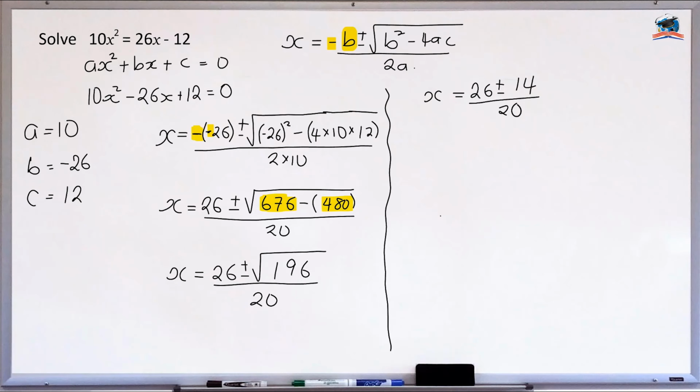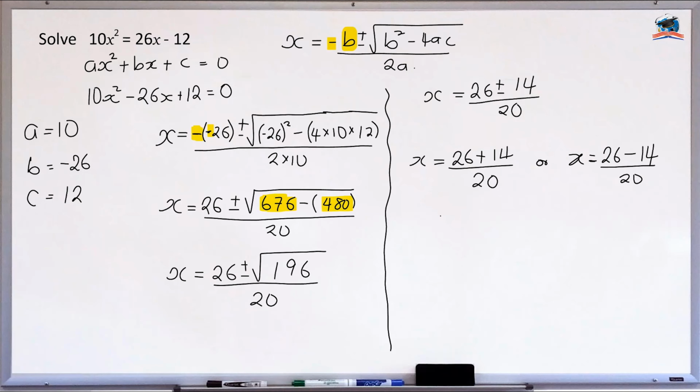Good. Now we need to go for our two values of x. One x will be equal to 26, taking the plus sign first, plus 14, and we divide everything by 20. For the other x, we still take 26, but this time we go for the negative, minus 14, and we divide everything by 20. This will give us the two values of x.